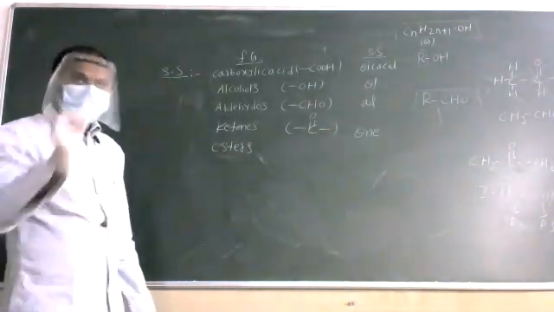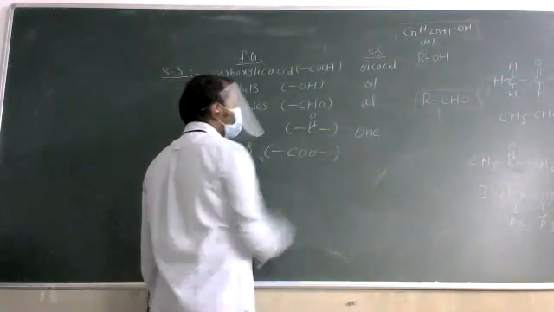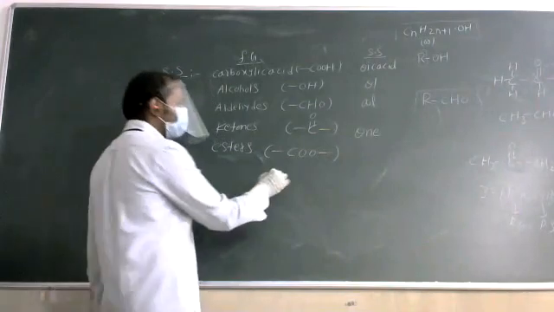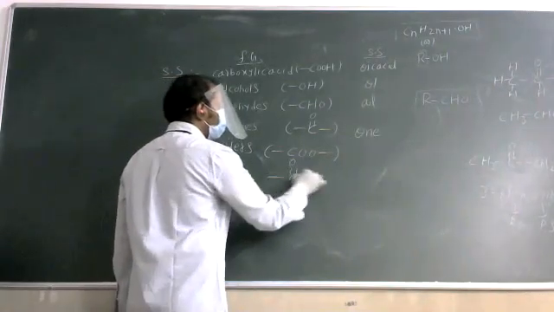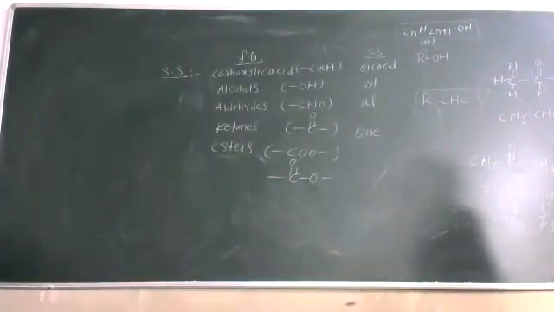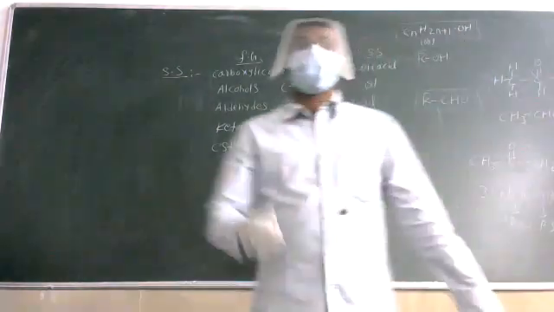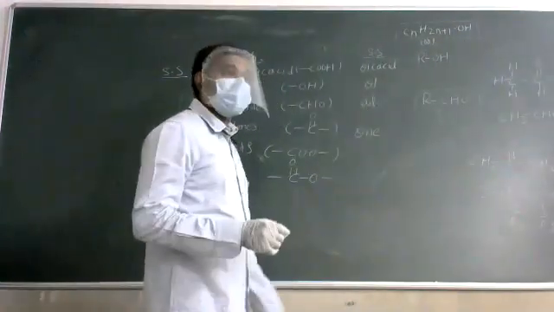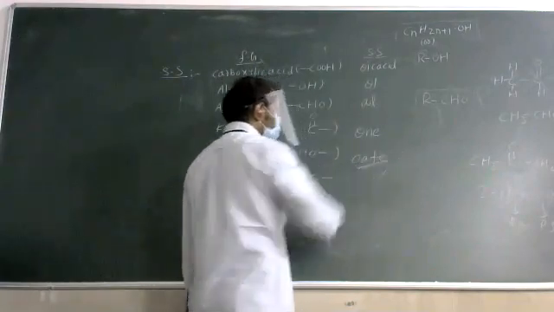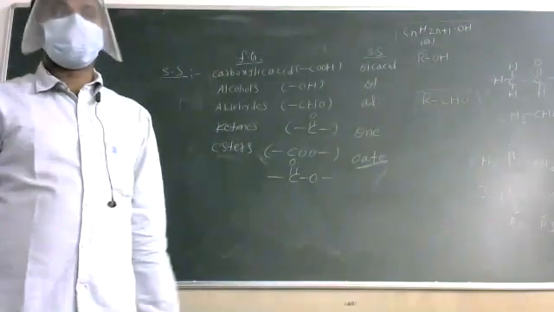Esters are denoted by COO. Otherwise, it is also represented as C double bond O like this. Both are the same. If esters are there, the secondary suffix is OATE.